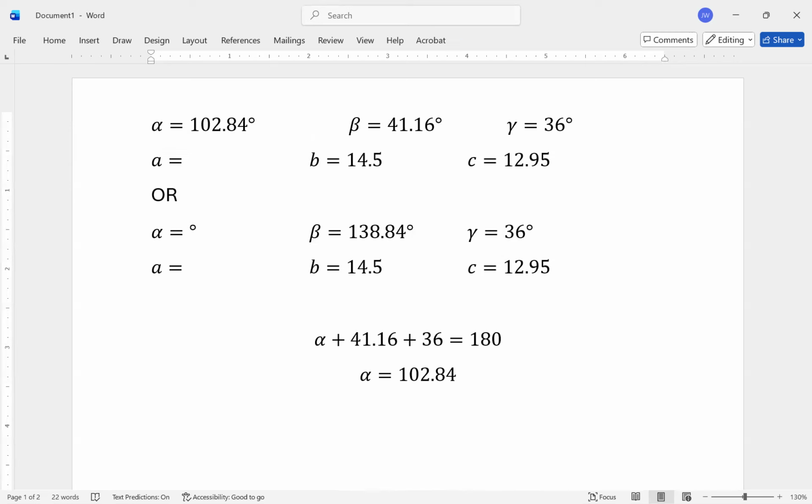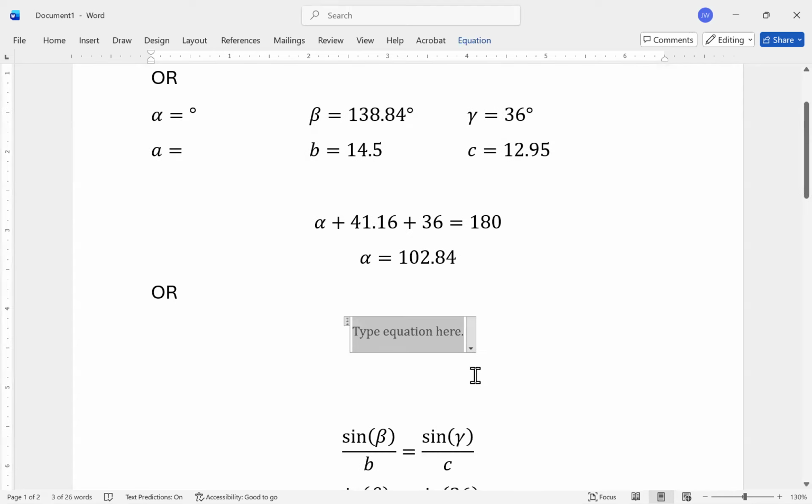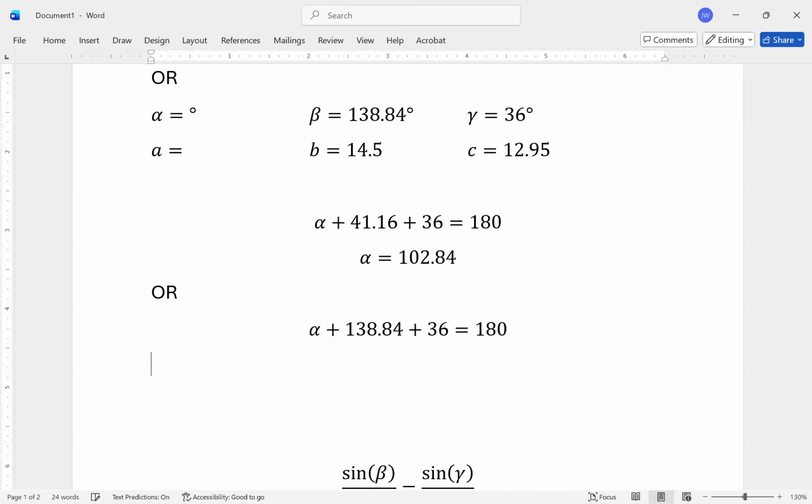In the other triangle, we would have alpha plus 138.84 plus 36 is equal to 180. And in that case, alpha would be 5.16.